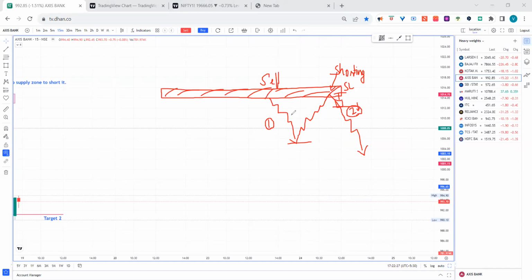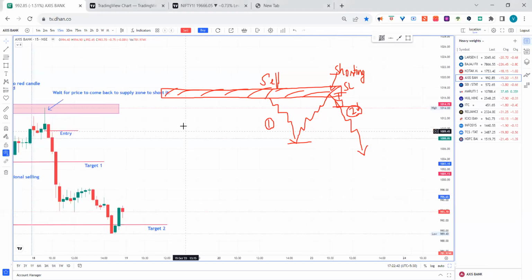This example was visible today, and I will share two examples. One is Nifty, obviously, and the second is Axis Bank. As we can see on the chart, I have marked this out.